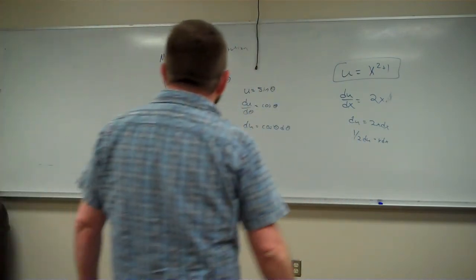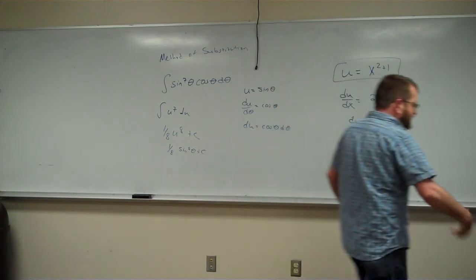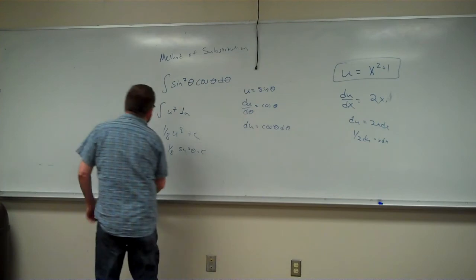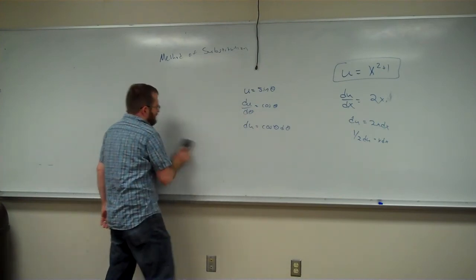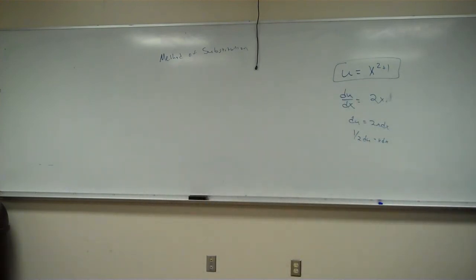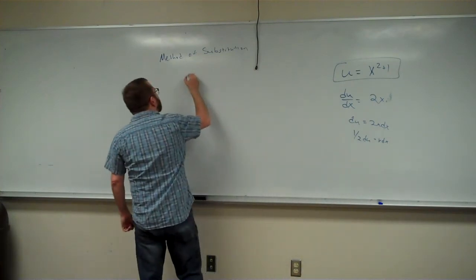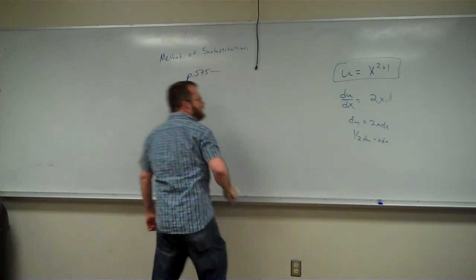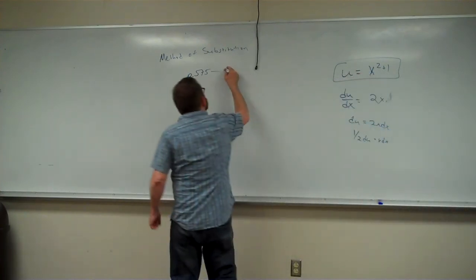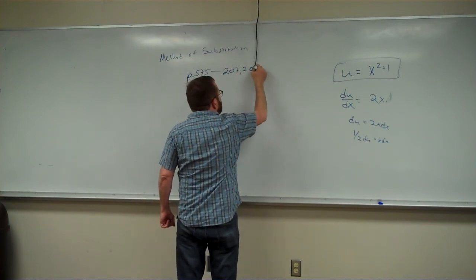All right. These problems are nice little exercises. They're not terribly hard. Most of them, they give you the substitution. So, here's the deal. On the previous section, 5.4 or whatever, again, just so we can check off the box that we did it, page 575, there's like 3 little integrals: 207, 209, and 211.